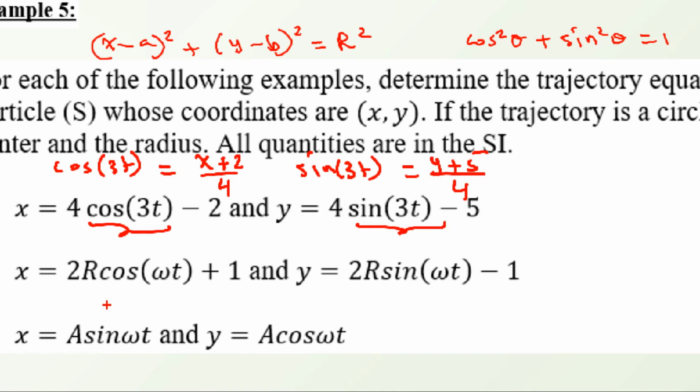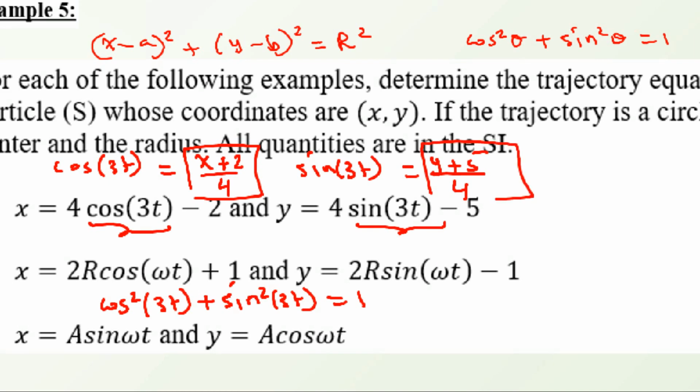And now we can say that cos²3t + sin²3t is equal to 1. I will replace now cosine by that and sine by that. We would have ((x + 2)/4)² + ((y + 5)/4)² = 1.